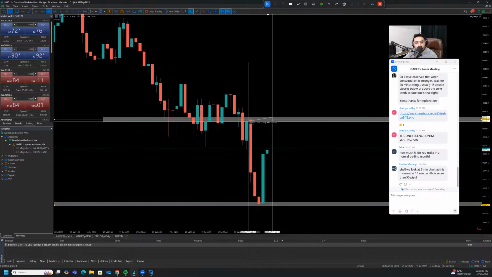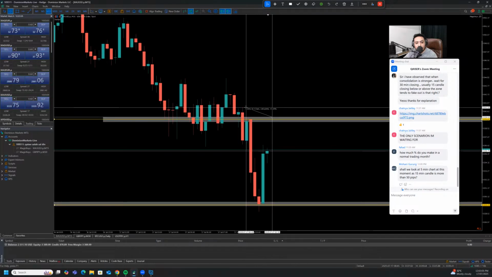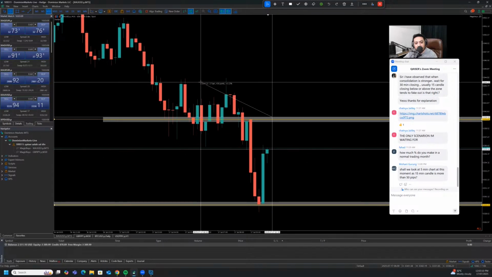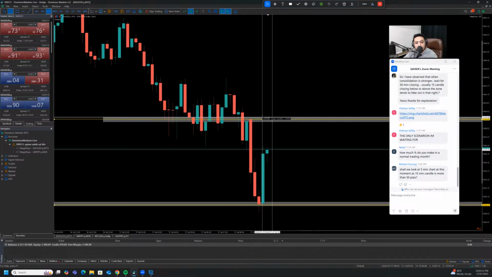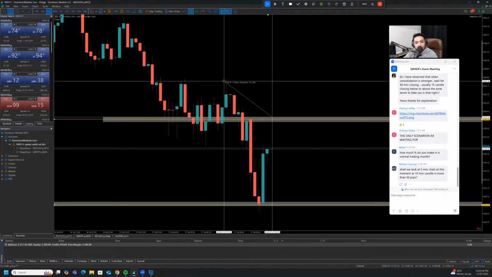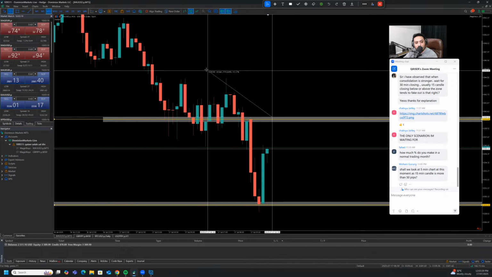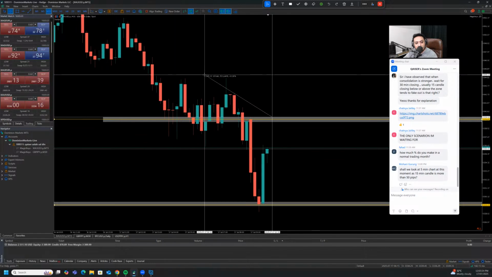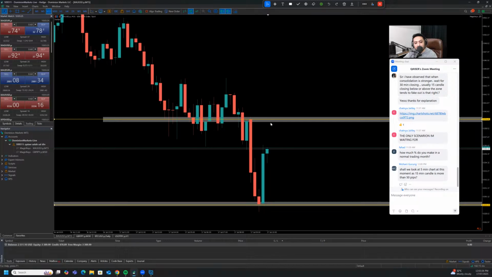So if the market wants to cross all these rejections on the left hand side, it needs a lot of volume, a lot of power, to continue going to the upside. You can only depend on the volume.